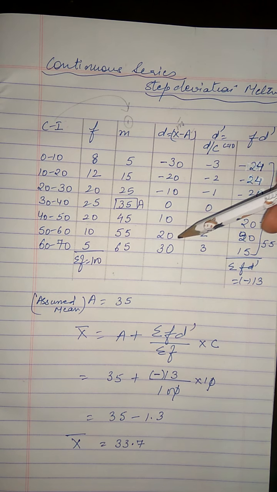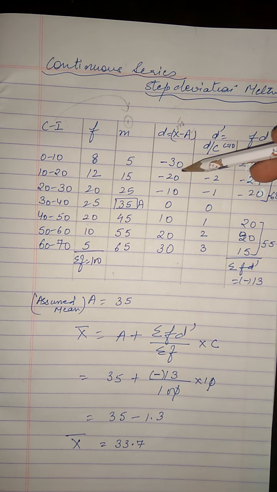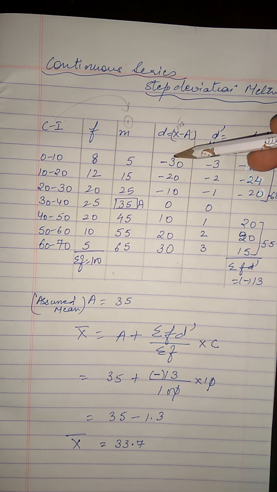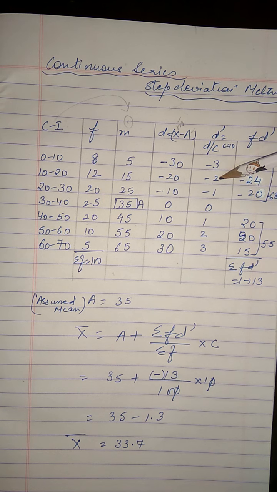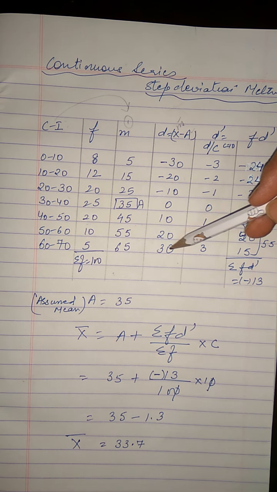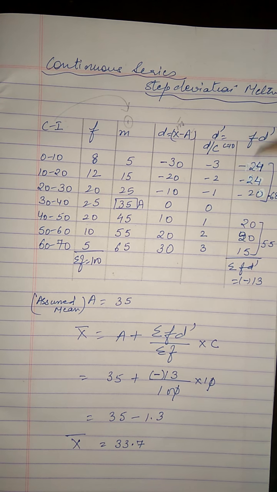Now we will bring these deviations to minimum term, that is d dash, by taking a common difference among the deviations. So it's minus 3, minus 2, minus 1, 10 divided by 10 is 1, 30 divided by 10 is equal to 3.